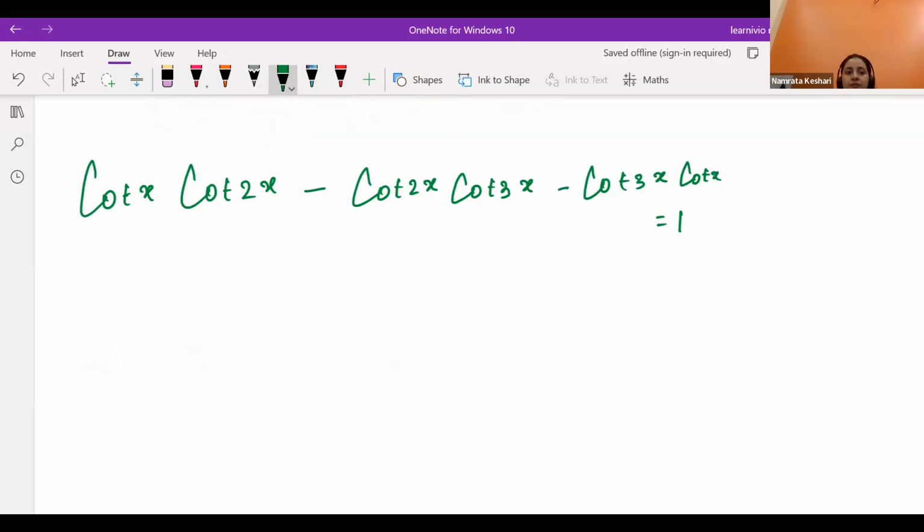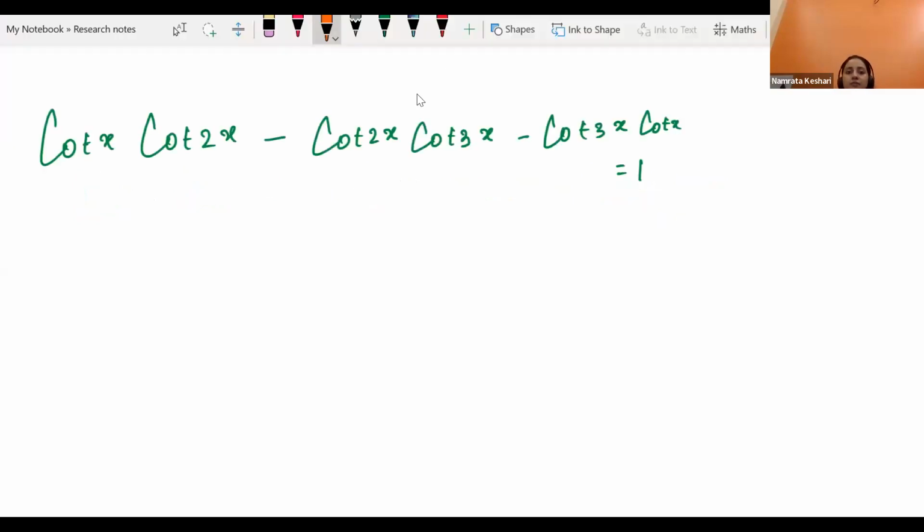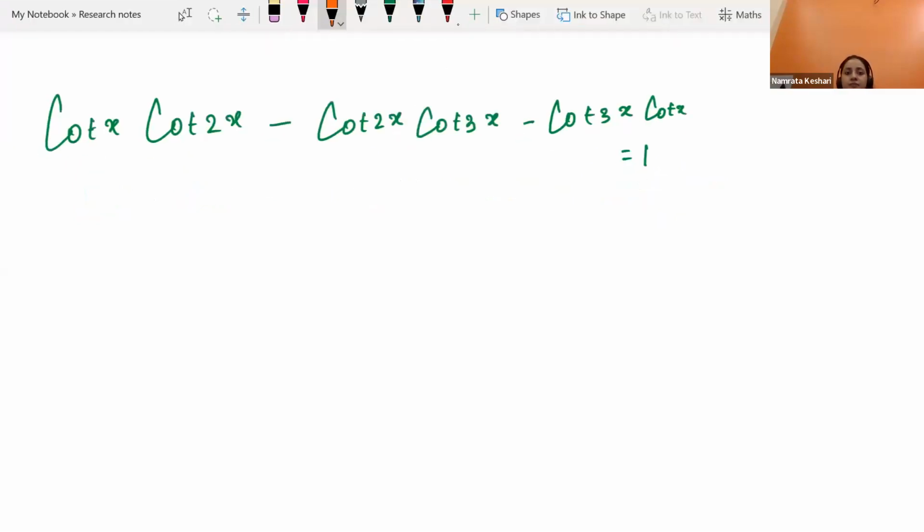Yes, ma'am. Ma'am, can we take cot common? Yeah, we can take it if that is working. Of course, cot is the first thing which is coming to mind. Yes, what can be taken out common? Cot into x plus 2x.